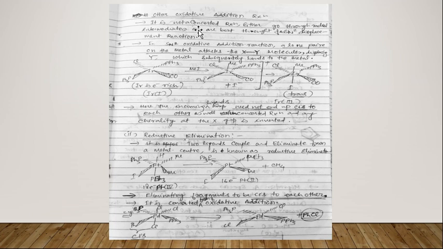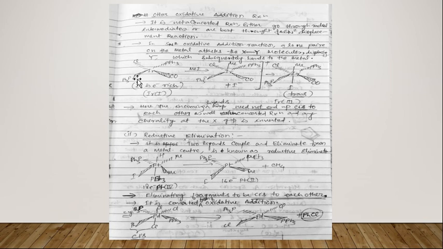it is not a concerted reaction, either it goes through the radical intermediate or through the SN2 displacement reaction. In the SN2 oxidative addition reaction, lone pairs on the metal attack the XY molecule.